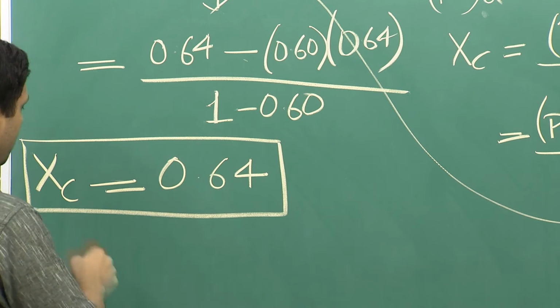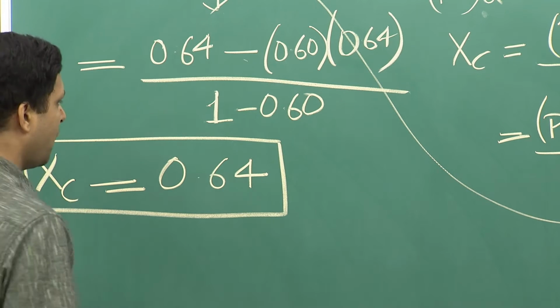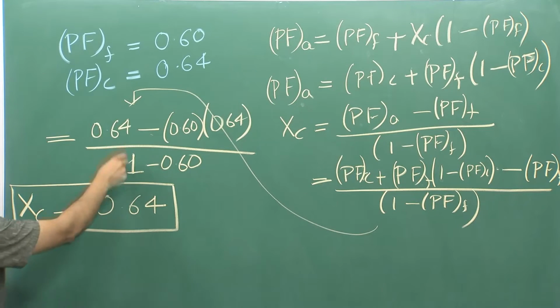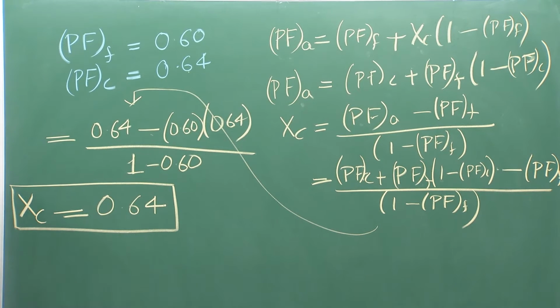So, what you get is that the fraction of coarse particles should be equal to 0.64, and this you would see is similar to the number that we have over here, which is the packing fraction coarse.